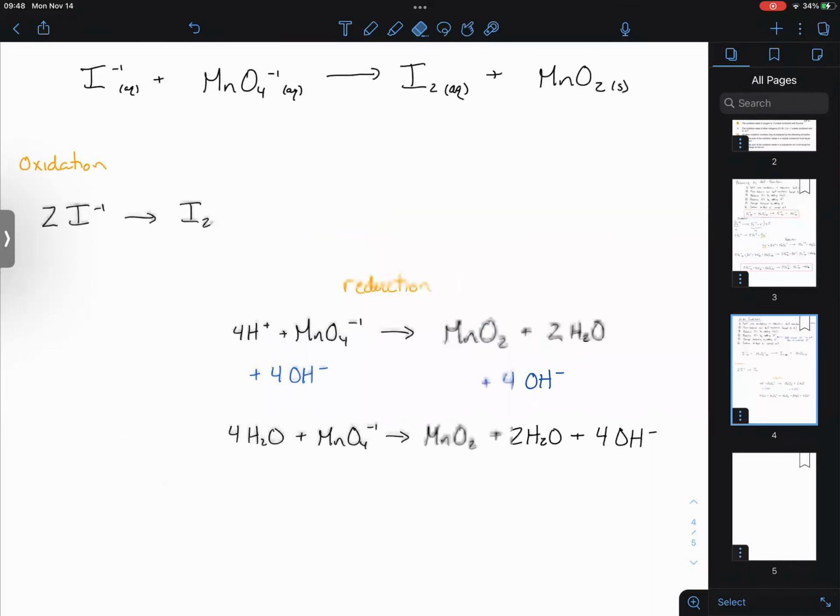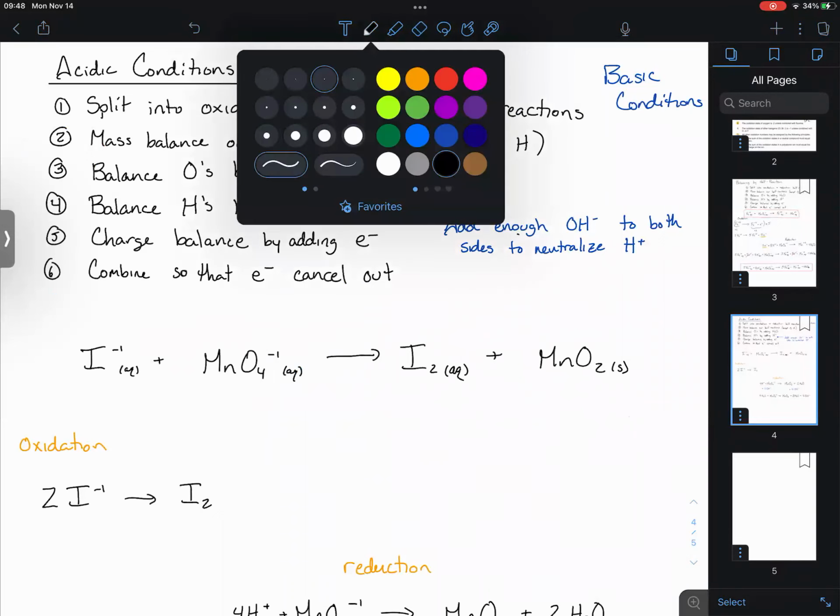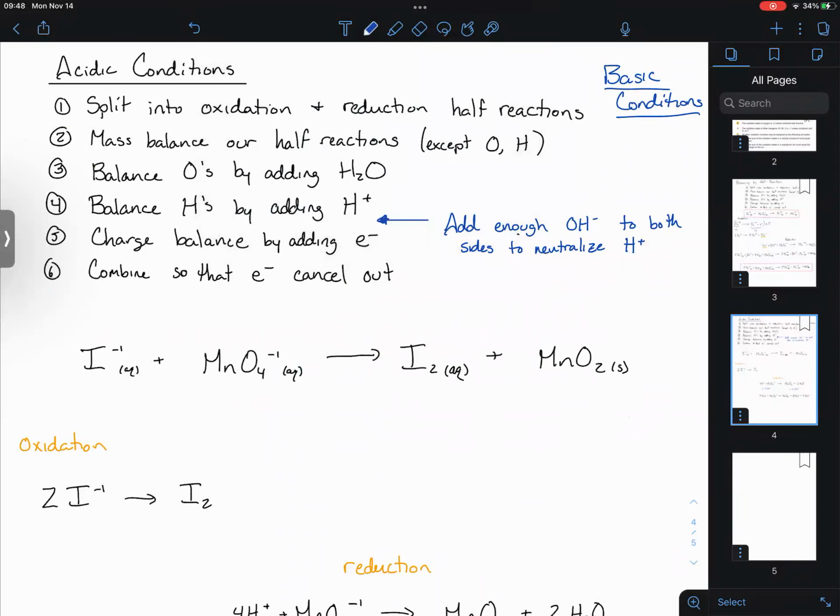This is an extra step that you have to add specifically if your problem says to balance under basic conditions. You're going to do the same thing up until this point, but now you've got a bunch of H pluses in there that you can't have under basic conditions. So you're going to add enough OHs to both sides to neutralize all those protons, all those H plus ions.